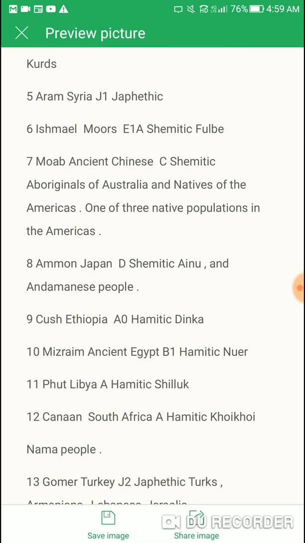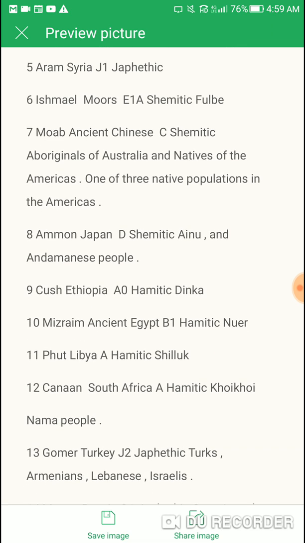So Ishmael is basically an interesting group with the Fulbe, the Fulani, the Fula, the Peul. They have a lot of names for this group of people, and this is another dark race of people.